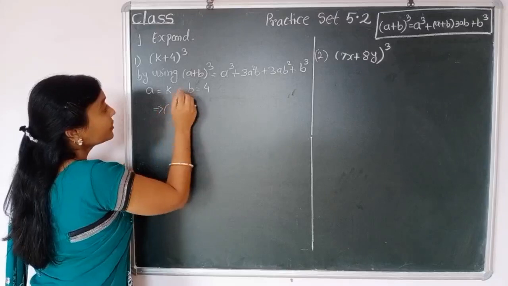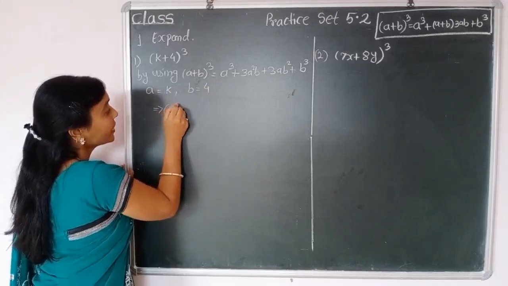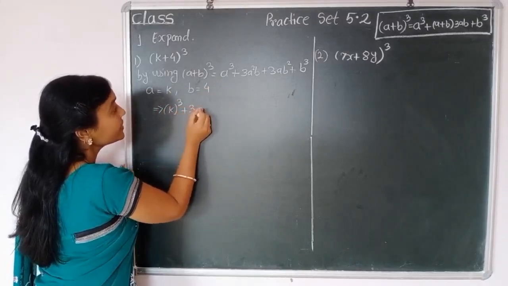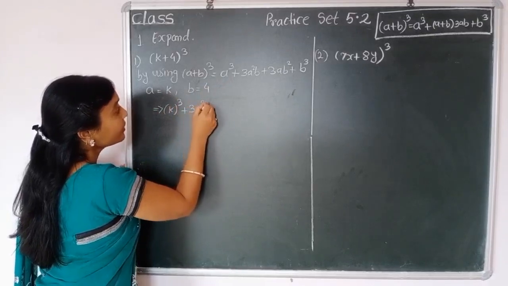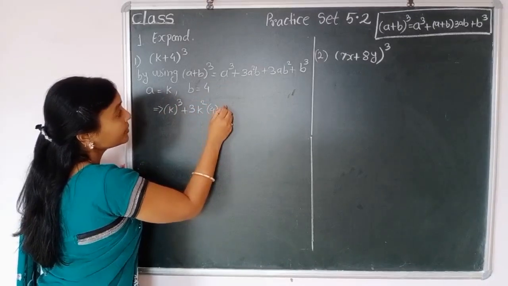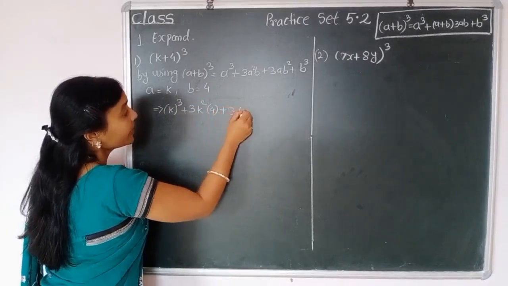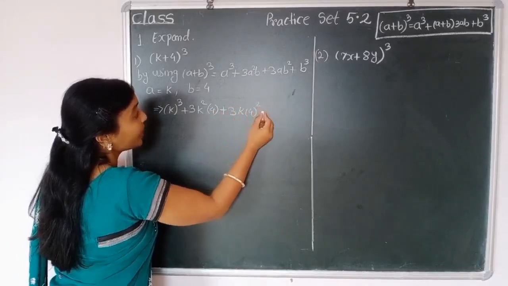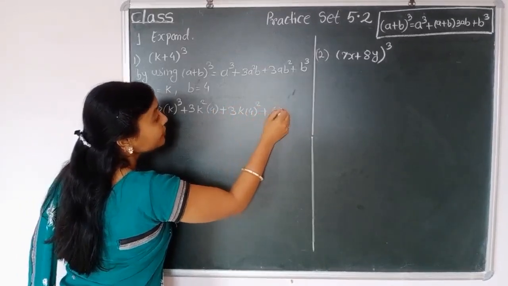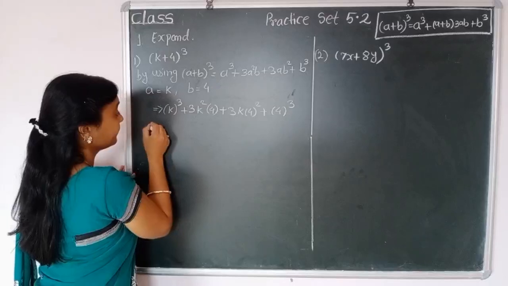Keep the values: k cube plus thrice k square into 4, plus thrice k into 4 square, plus 4 cube.